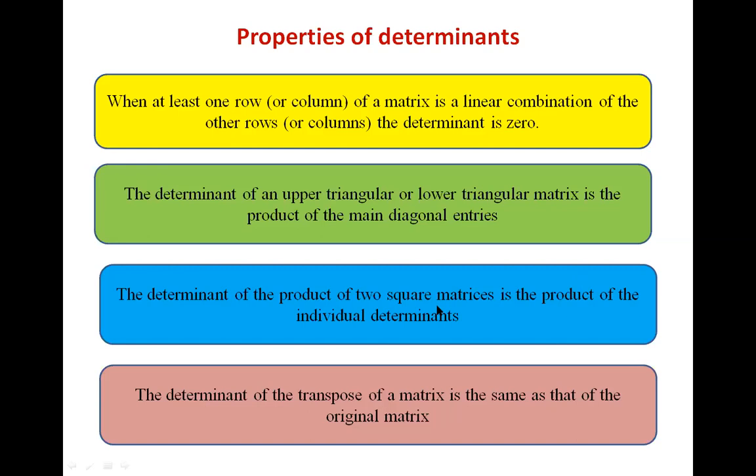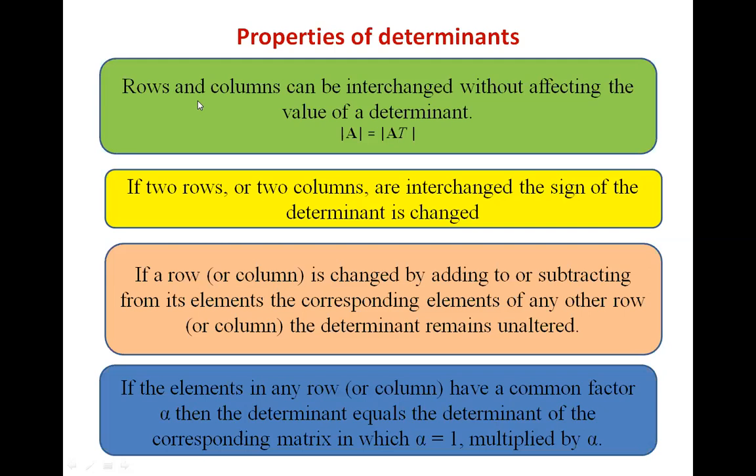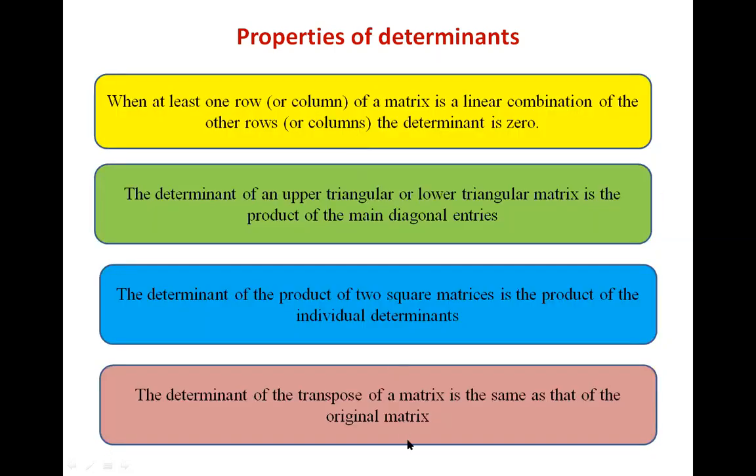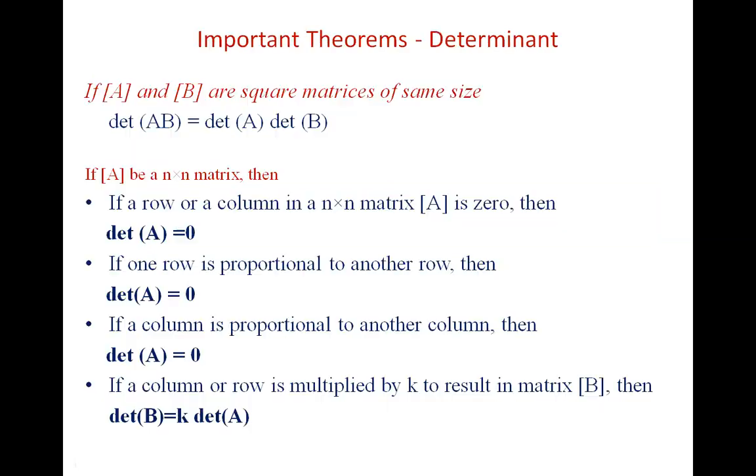Then the last property of determinant is that the determinant of the transpose of a matrix is the same as that of the original matrix. It is very similar to the very first property we have seen: row and column can be interchanged. The same thing has been said in other words: if we take any matrix and the transpose of that matrix, the determinant will be the same. Determinant is not going to change.